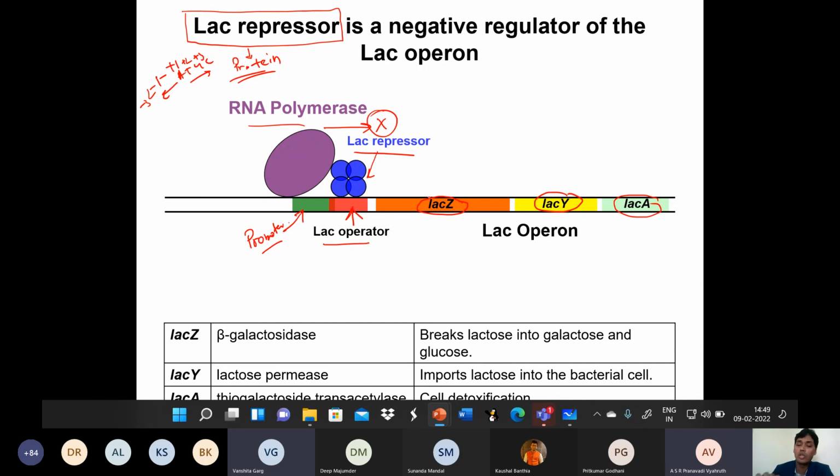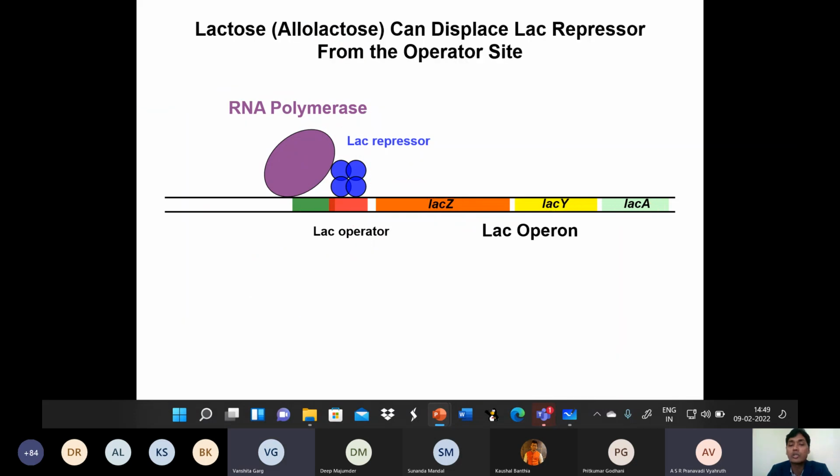But what happens when you don't have glucose in the media, in the environment? Then you have to metabolize lactose. Now, if you have just a few molecules of lactose, that can act on the lac repressor.